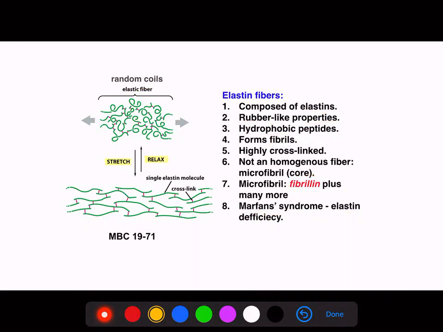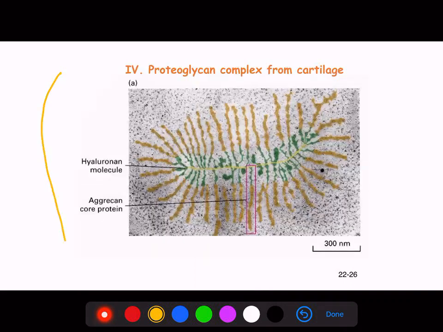But next is a different type of molecule, the proteoglycan. I bet you never heard about proteoglycan, or you heard about it, but you don't really know what that is. Mostly it is protein. They have what we call a core protein, and the core protein is decorated with sugars.